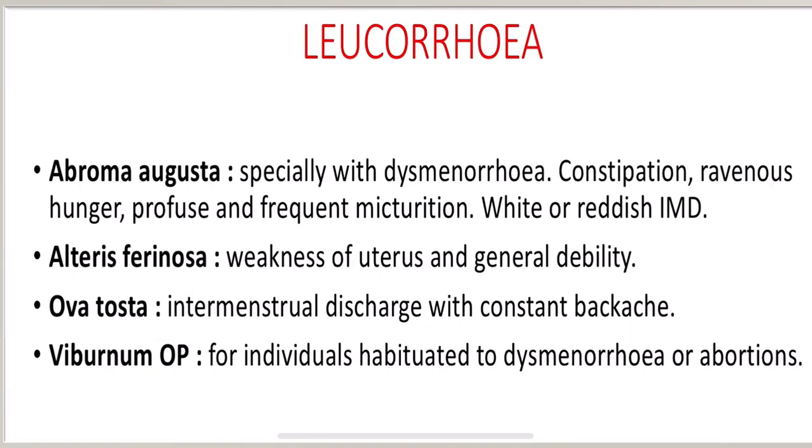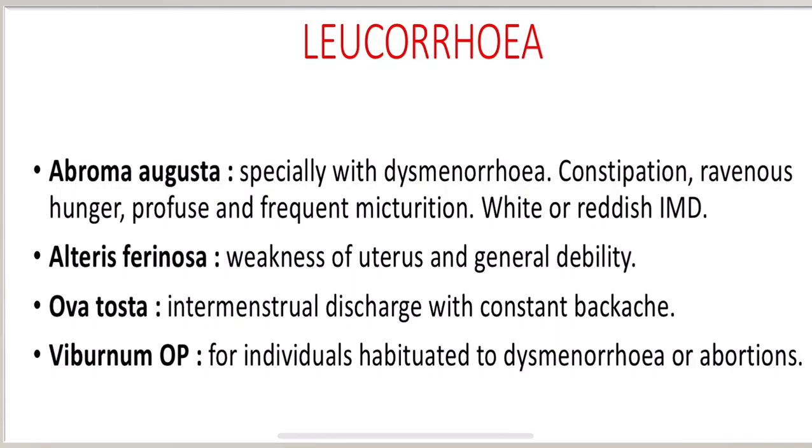Moving on to the next condition, that is leukorrhea. We use Abroma augusta when there is dysmenorrhea, constipation, ravenous hunger, profuse and frequent micturition, white or reddish leucorrhea. Aletris farinosa is used when there is weakness of the uterus and general debility.